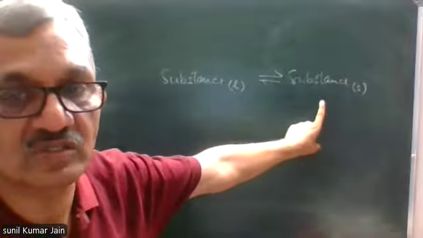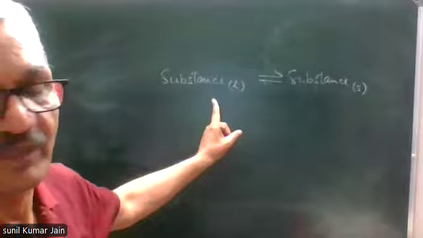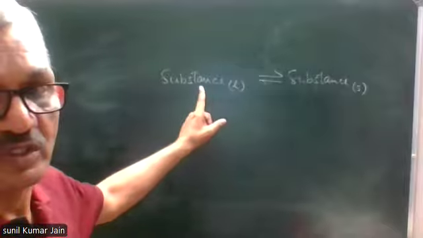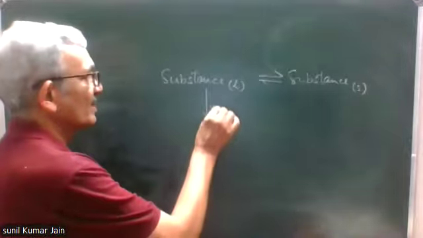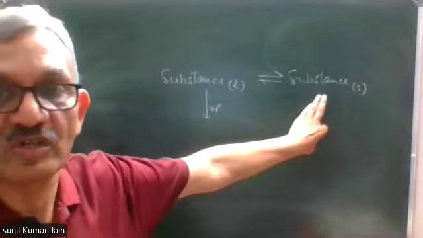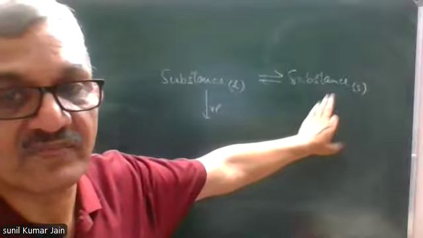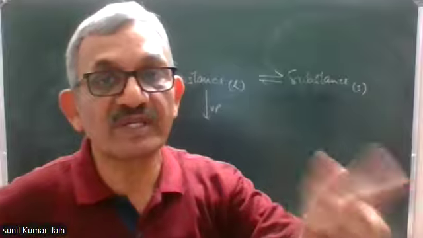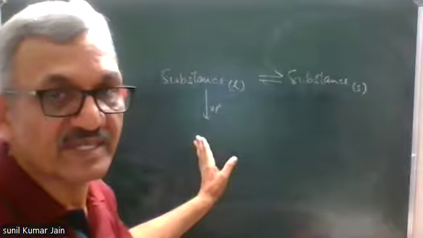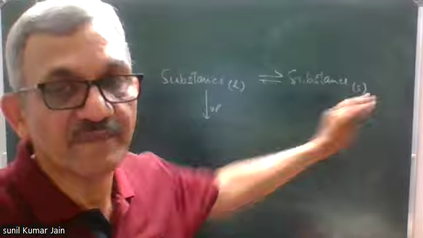So when solute dissolves in the liquid, vapor pressure will decrease, but since solute does not dissolve in solid form, its vapor pressure will not decrease. It means now equilibrium will be disturbed.